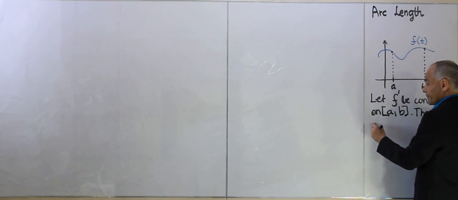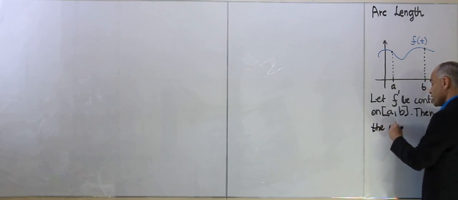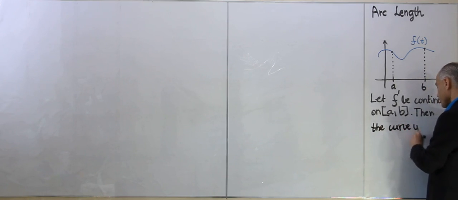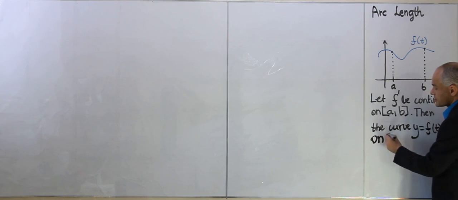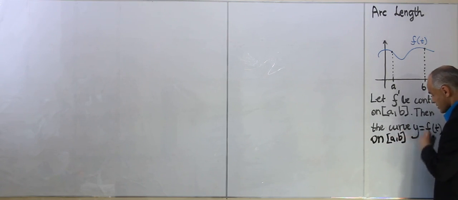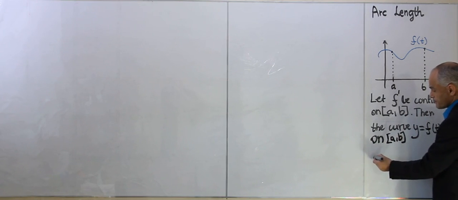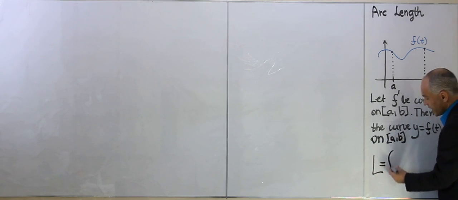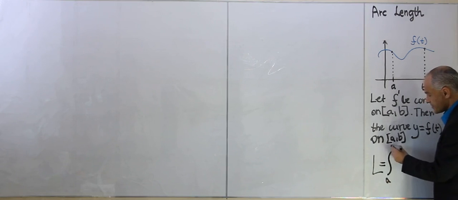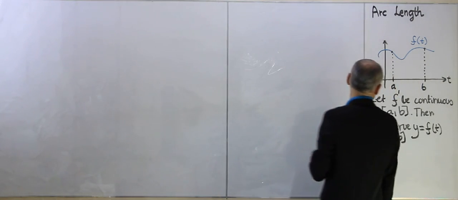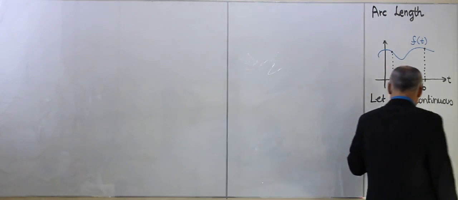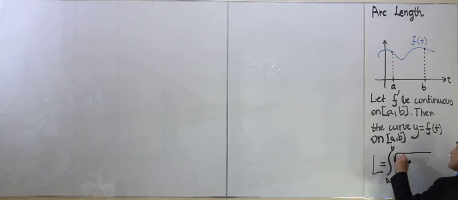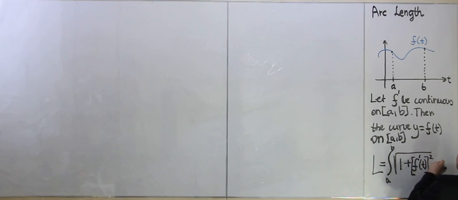Then the length of the curve y equals f of t on [a, b] is given by the following formula: the integral from a to b of the square root of 1 plus the derivative of the function squared dt.